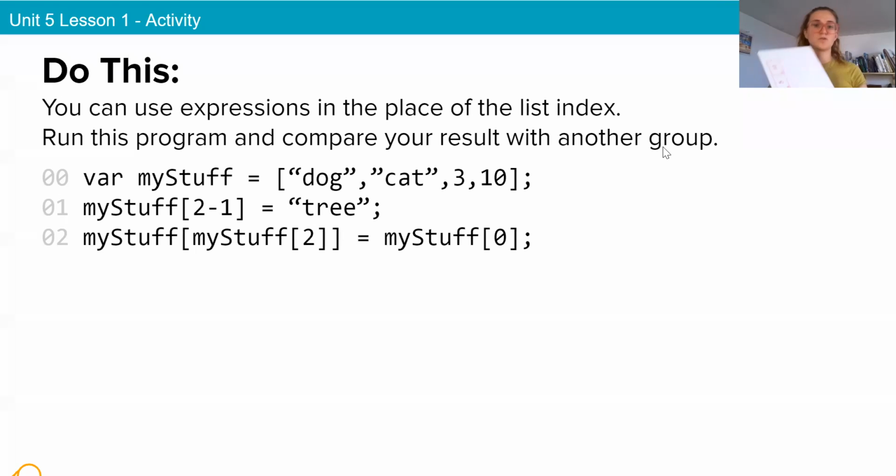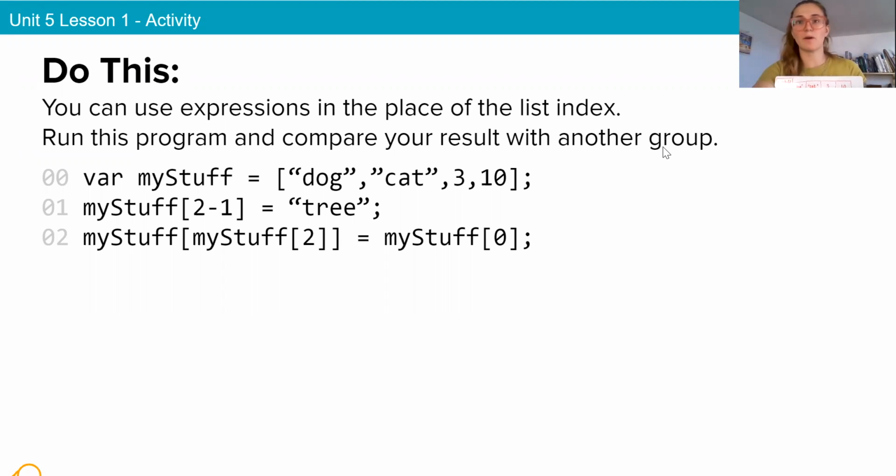Okay, so this one, first line, it says var myStuff equals ["dog", "cat", 3, 10]. So I created a list called myStuff. I assigned 4 elements to that list. Dog, cat, 3, 10. 4 elements indexed from 0 to 3. Then that second line says myStuff[2 - 1] = "tree".